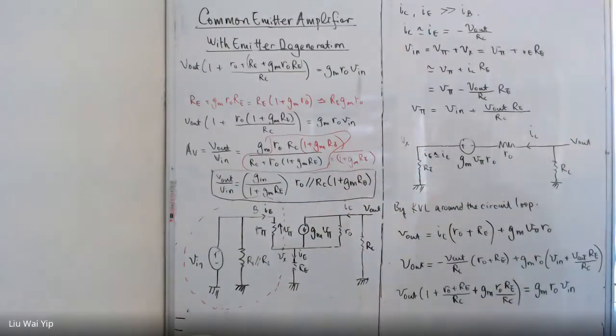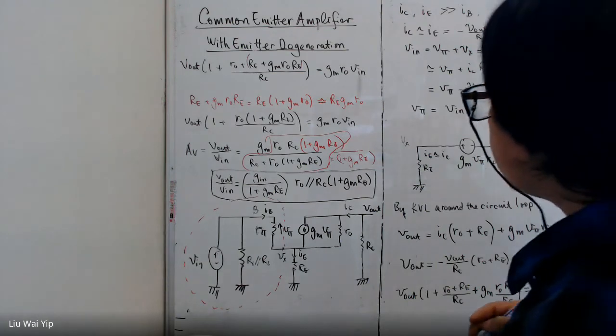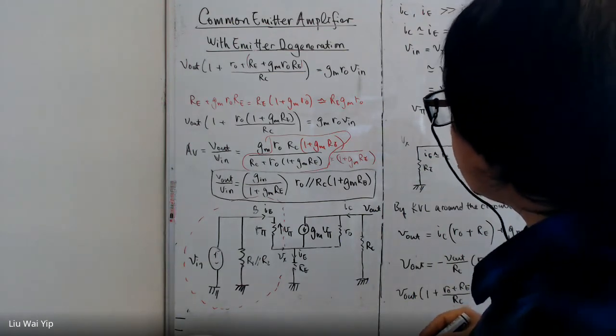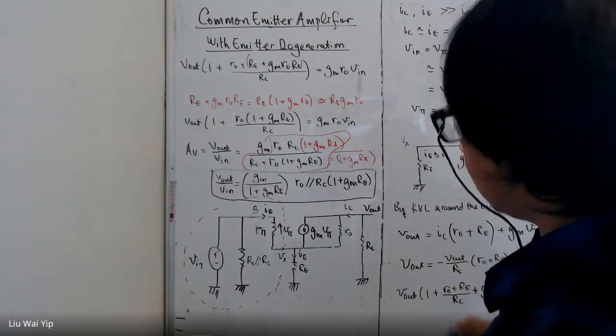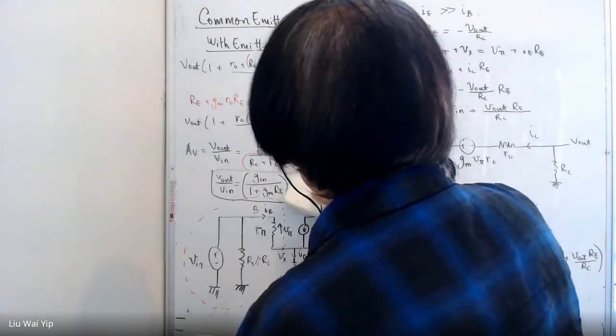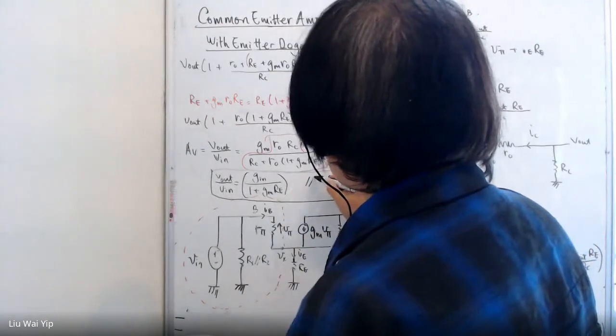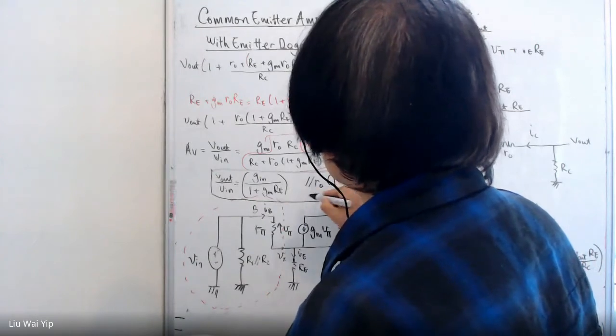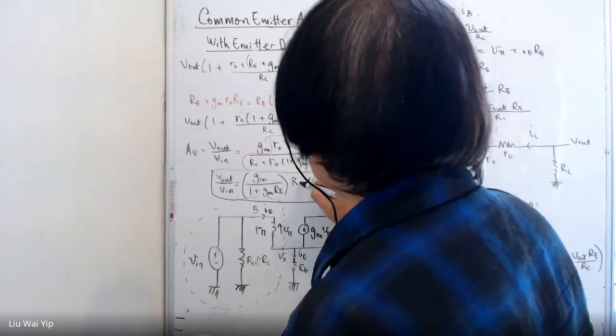And you know that the net effect of this expression, let me see. Yeah, this is wrong. r0 and RC.